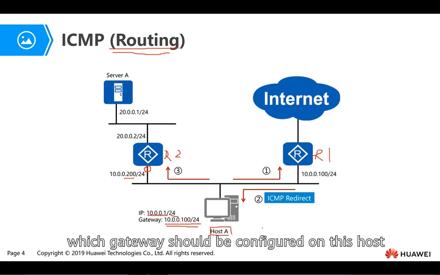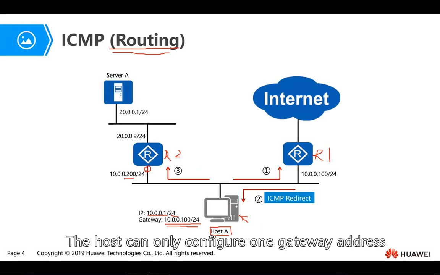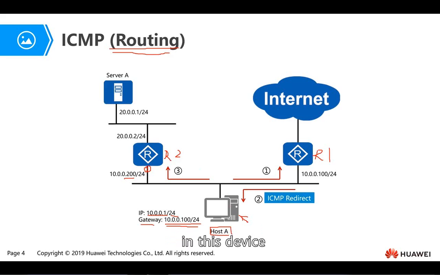Which gateway should be configured on this host? The host can only configure one gateway address. In this device, we configured 100, so all packets destined for other networks are forwarded to R1.